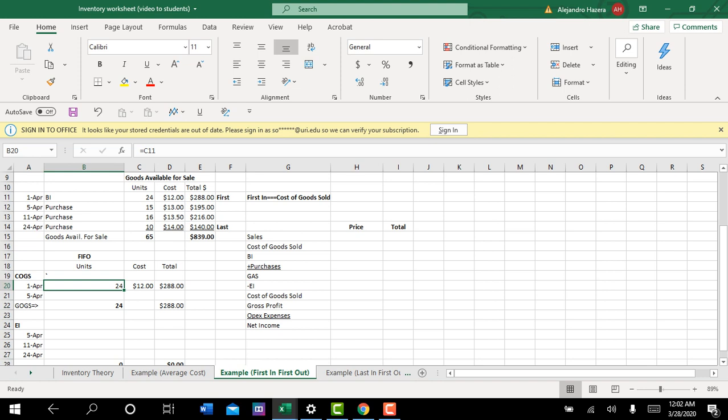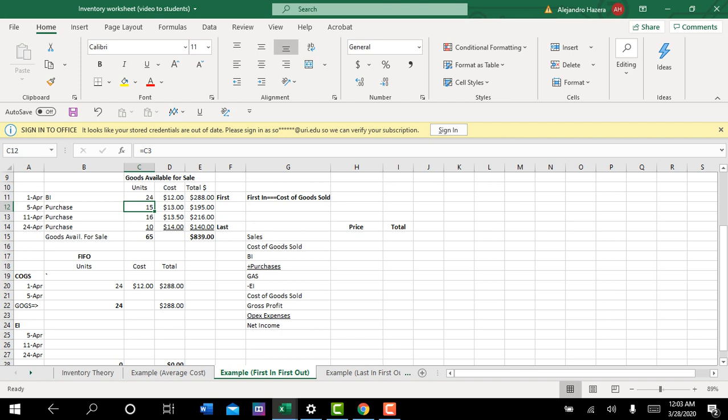We're going to have to split the April 5th purchase between cost of goods sold and ending inventory. And here's how we're going to do it. We know we've got 32 units total that we sold. That's what I've talked about in the previous two worksheets.